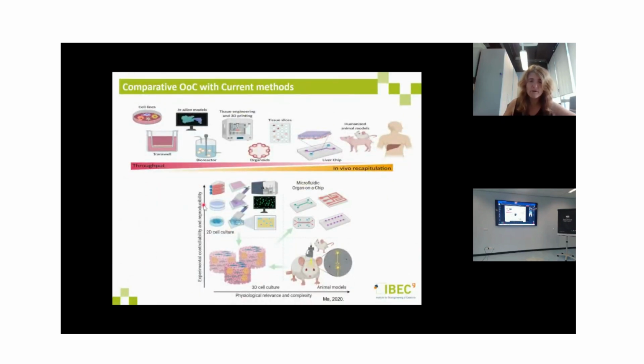If we compare the different technologies that we currently have in drug discovery, we can summarize it in this graph, where we plot the physiological relevance and complexity of the model, and also the reproducibility, so the ease of work and the reproducibility of these systems. Obviously, in physiological relevance we have the in vivo systems, and with a little lower relevance the 3D cell culturing.